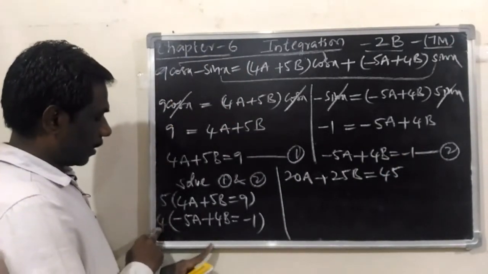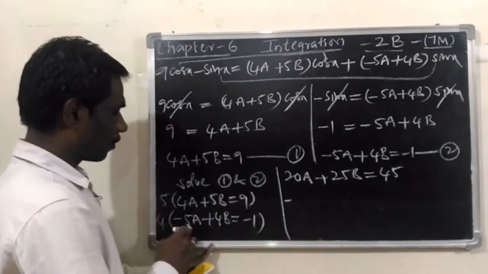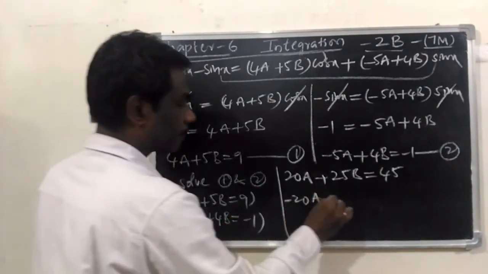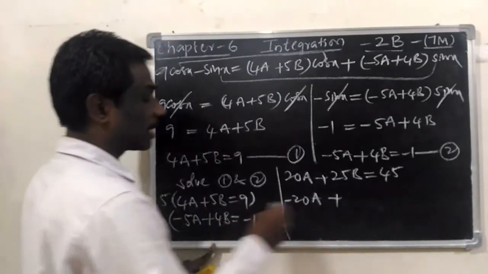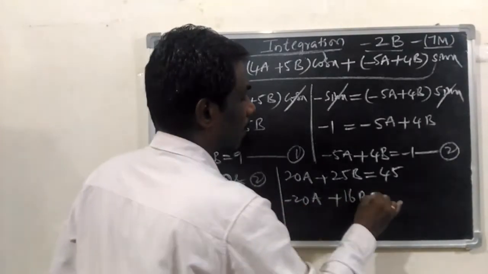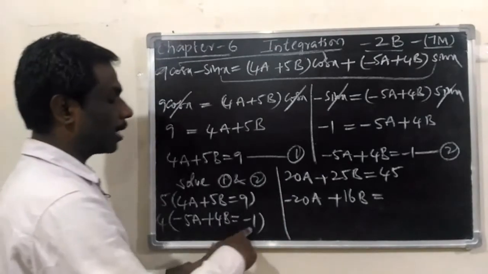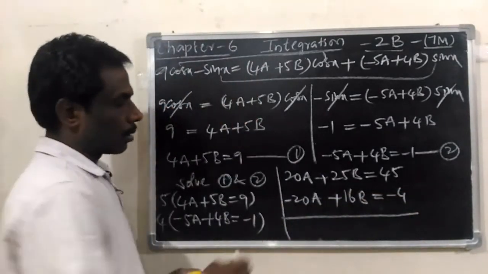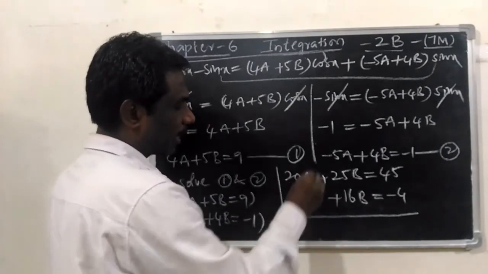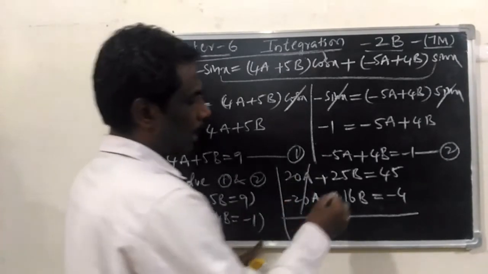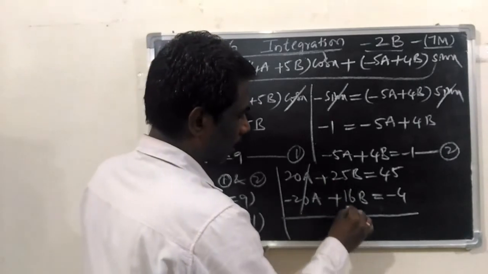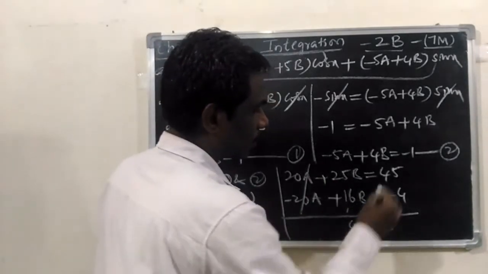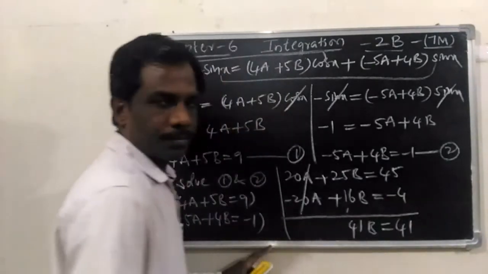Here, plus into minus is minus: minus 4 5s are 20a, and plus 4 4s are 16b is equal to 4 into minus 1, that is minus 4. Now this 20a minus 20a gets cancelled, and we add them. It is 25 plus 16 is 41b is equal to 41.